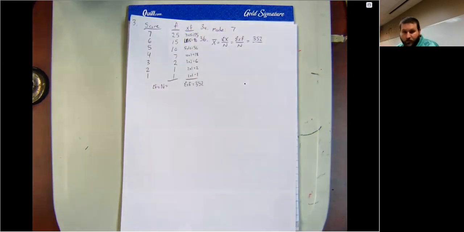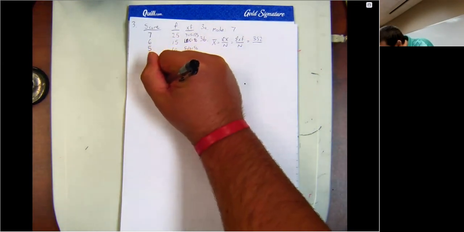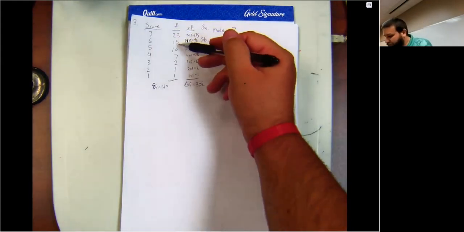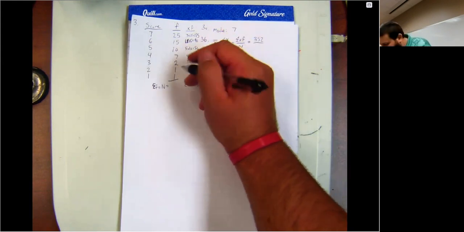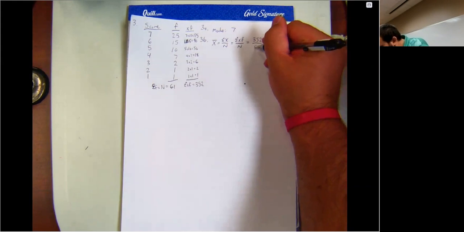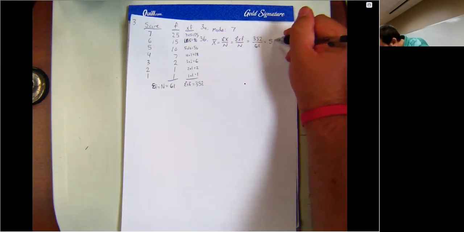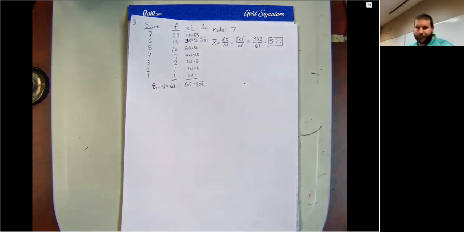Sigma f is equal to n. So that's 25 plus 15 plus 10 plus 7 plus 2 plus 1, which is 61. And so 352 divided by 61 gives us our mean. That's 5.77. So our mean is 5.77.